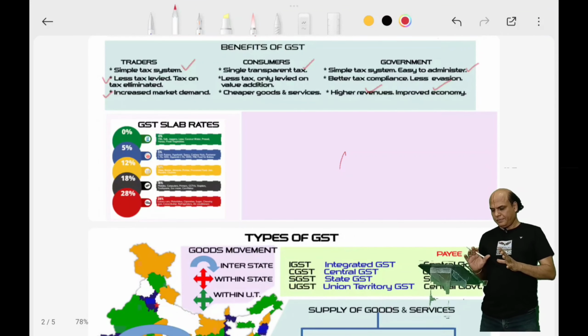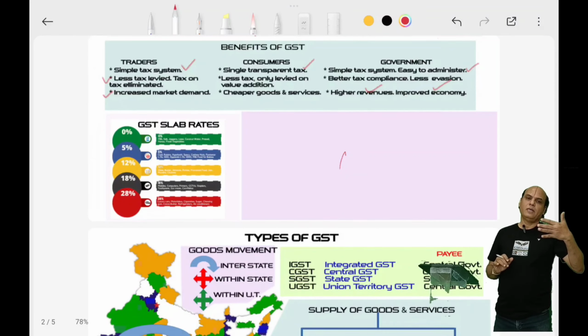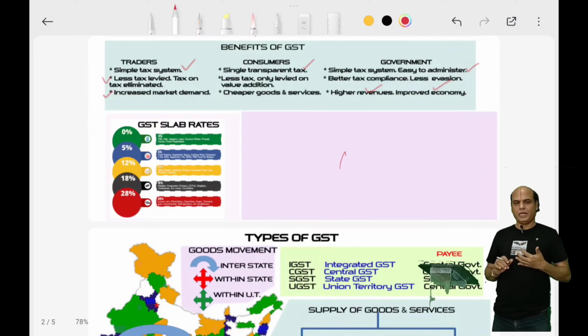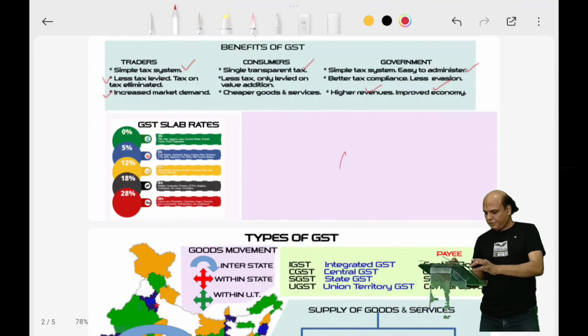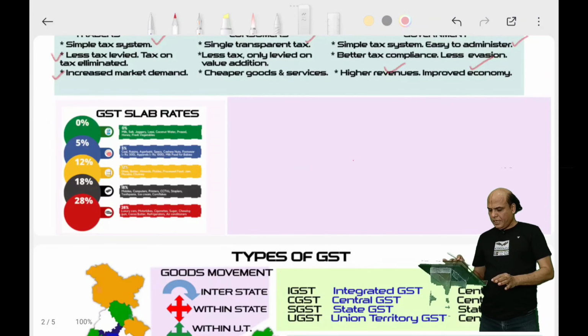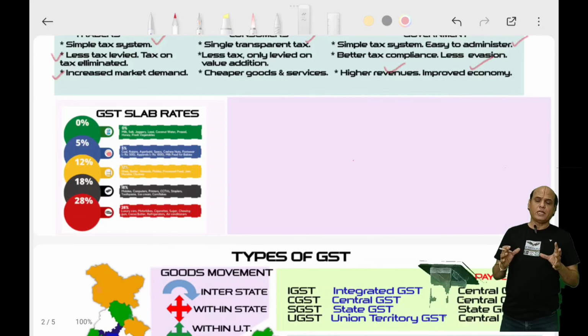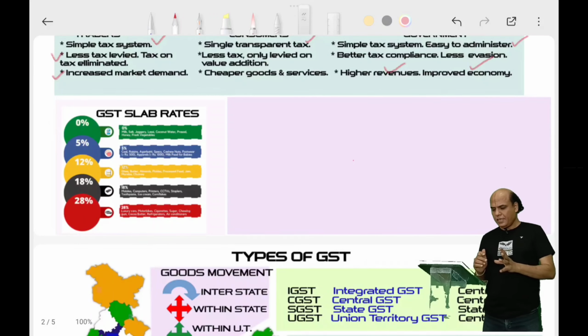So currently there are 5 slabs of GST that are being levied. If you see the screen here, it is not important to remember which goods fall under which tax slab, but you should know these are the tax slabs that are being levied.